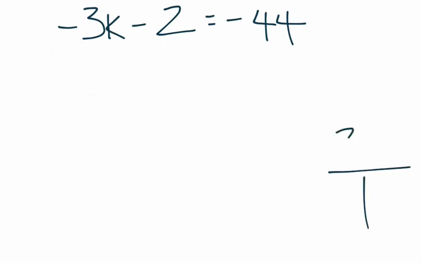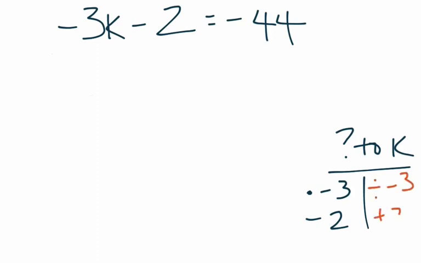And you should hopefully by now be able to decide what's happening to k and what you're going to do about it. So two things are happening. It's being multiplied by negative 3, and 2 is being subtracted from it. So you're going to divide by negative 3, and you're going to add 2. The only thing that you need to decide is which one you are going to do first.